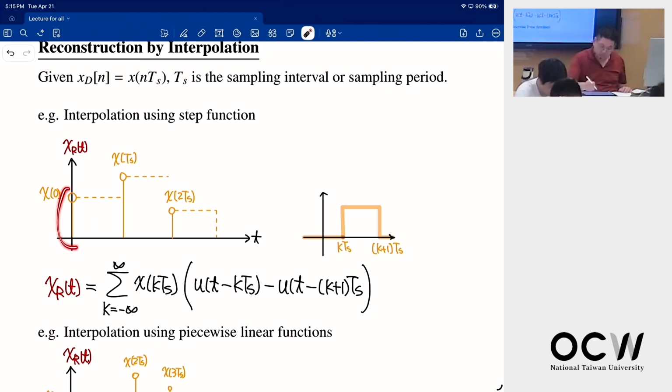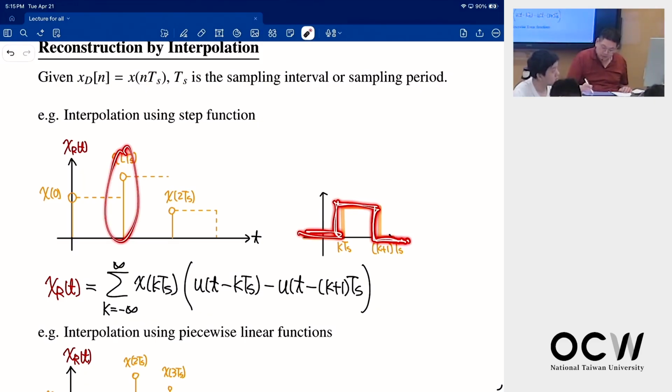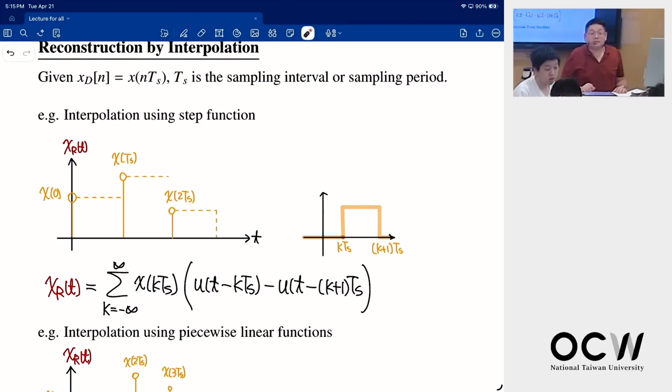So this value times a step function, this value times the step function. This is one way. Intuitively, we can use this step function to reconstruct, right? But you can see that it is not that good because you'll get a lot of step functions.